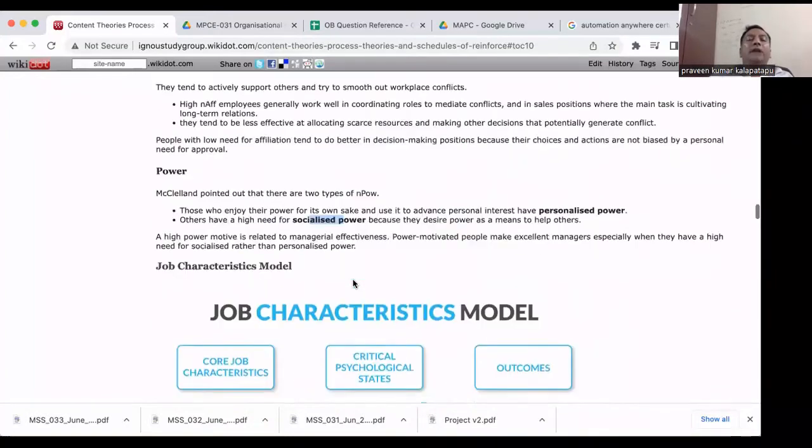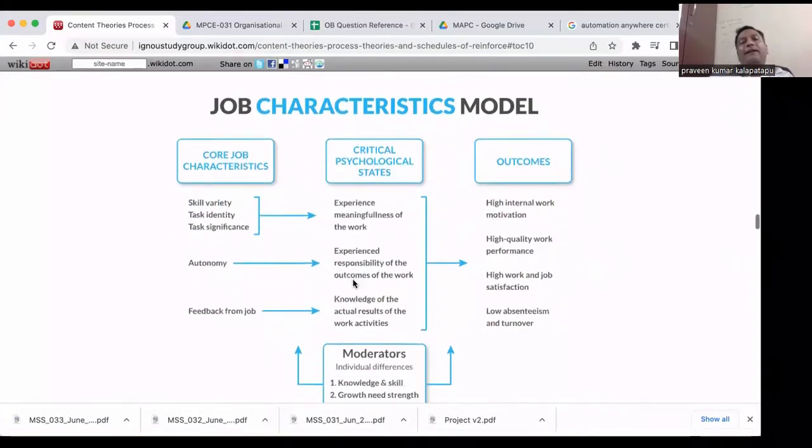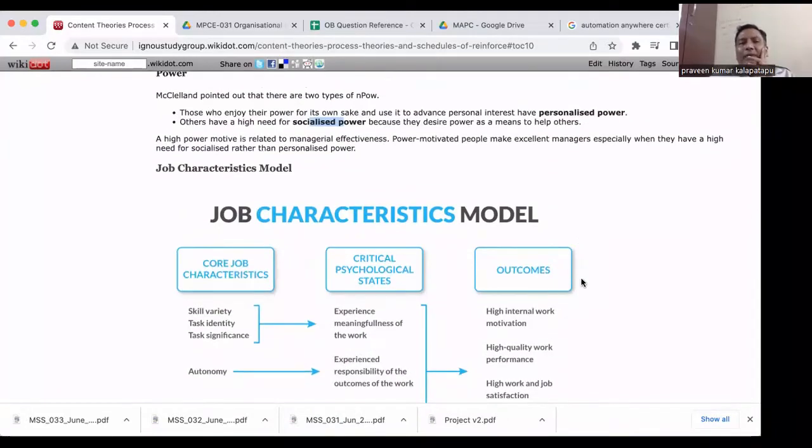Okay. So now the last of the content theories, which is the job characteristic model. This is a very, very simple theory. What it says is that ultimately you have motivation, which results in certain outcomes.